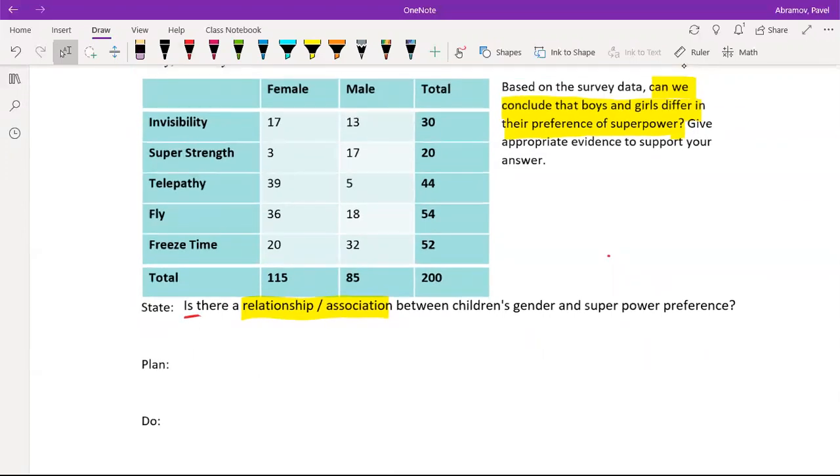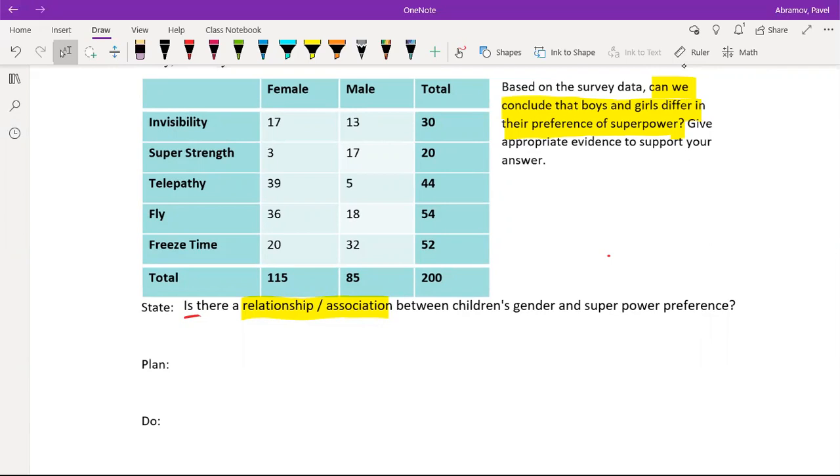So we will find the conditional distribution of each one of these superpowers, first for females and then for males. And once we find these conditional distributions, we can maybe make a bar graph where we graph those distributions right next to each other and maybe see some kind of relationship between the two.